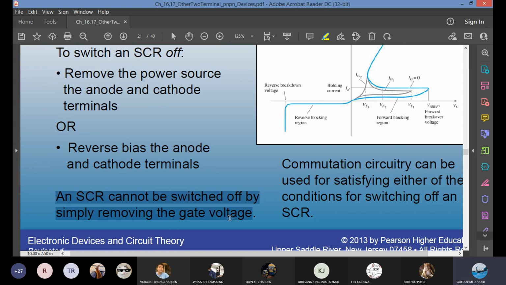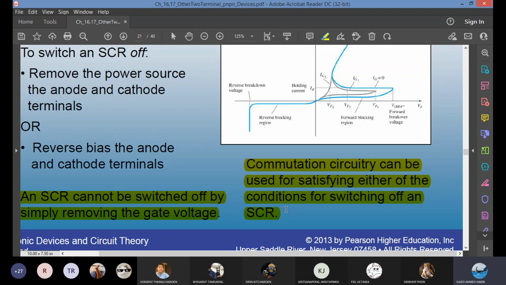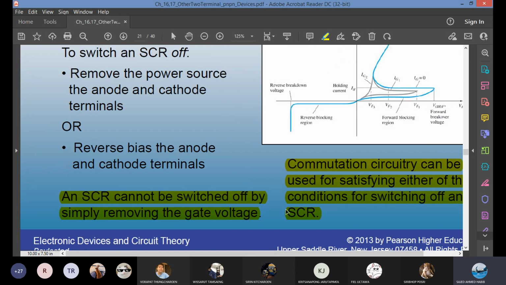Remember, the SCR cannot be switched off only by removing the gate voltage. It is not going to work, because once you turn it on, it remains in the on state, latched on. There's another way of making this trick to turn off the SCR. It's called commutation circuitry. It's like a shunt path.